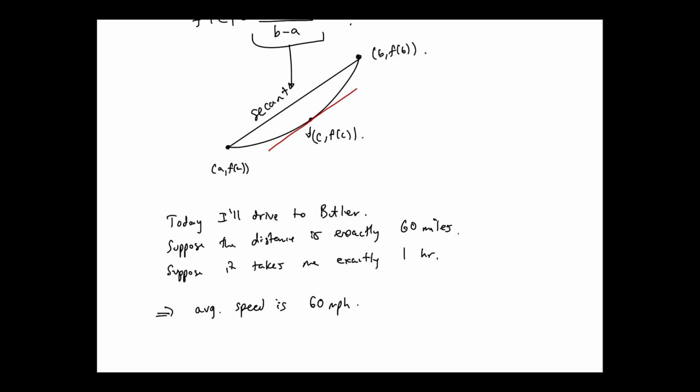How many places do you think there will be for which that's true on my drive to Butler? Probably 2 places. As I accelerate onto the highway, I'd be going from like 40, 50 up to 75. So would I have to go through 60 to get there? Yeah, okay. That's kind of intermediate value theorem thinking.